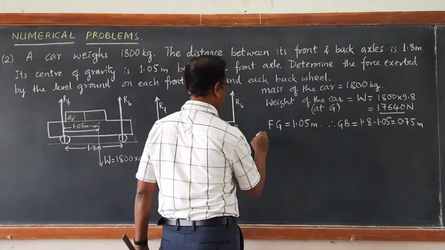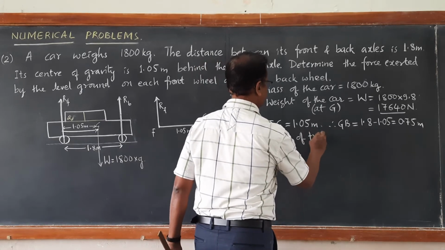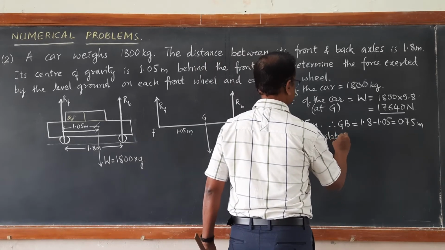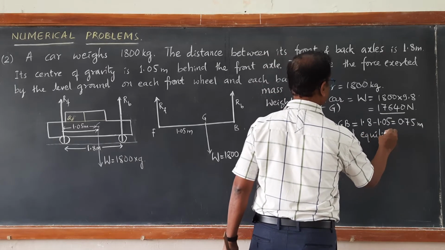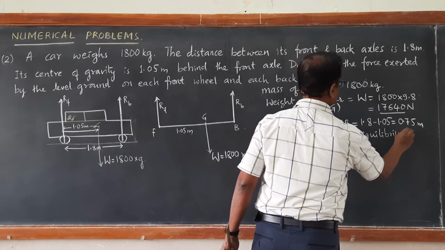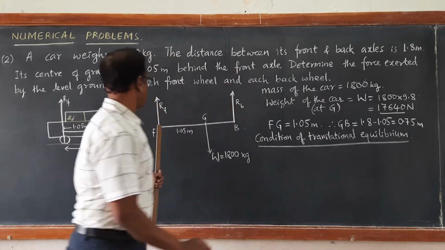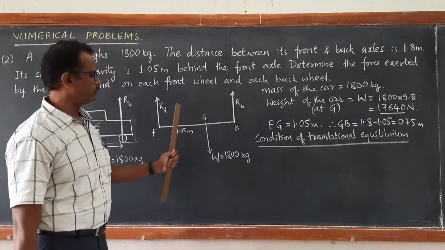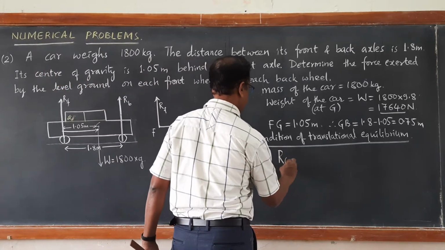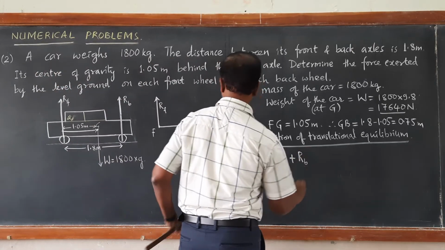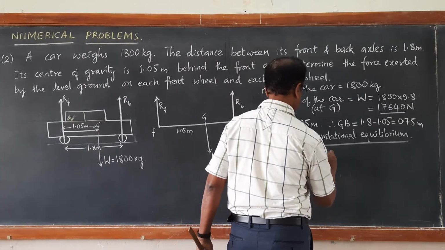Now, condition of translational equilibrium. So net force acting on the body must be equal to 0. Look at this. Again, the reaction forces are vertically upwards. We will take those reaction forces as positive. RF plus RB, and weight at the center of gravity is vertically downwards.